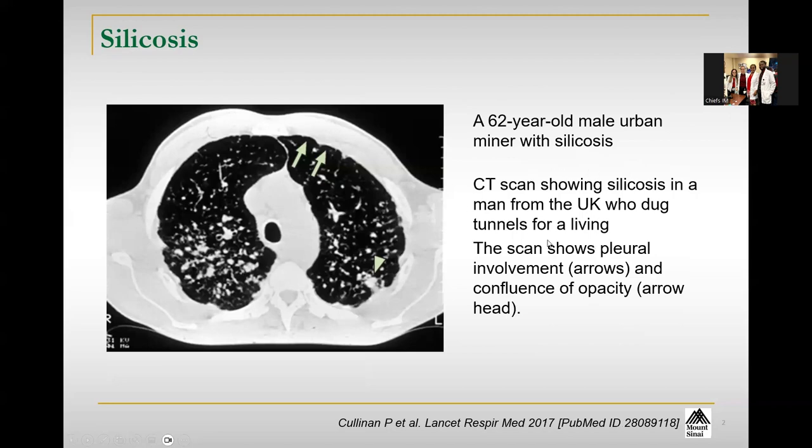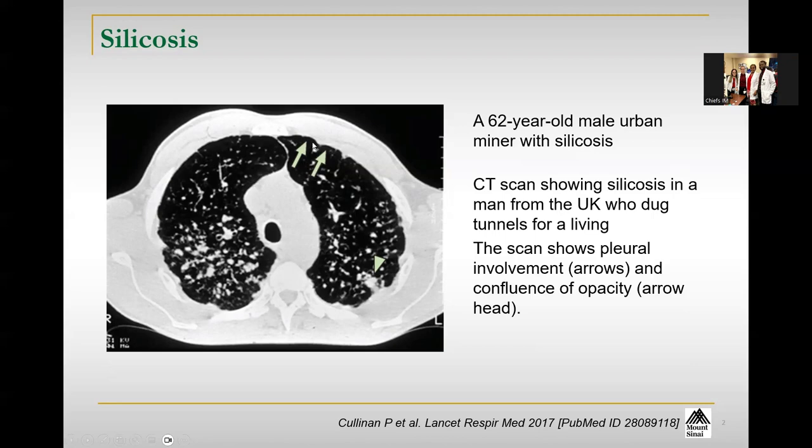It was a tunnel digger, and I wanted to show you this example because it shows how, even though it's a predominantly simple silicosis, there is already this coalescence of nodules here that eventually can progress to the larger masses that I showed you before. And one important thing, silicosis does not produce real pleural plaques.